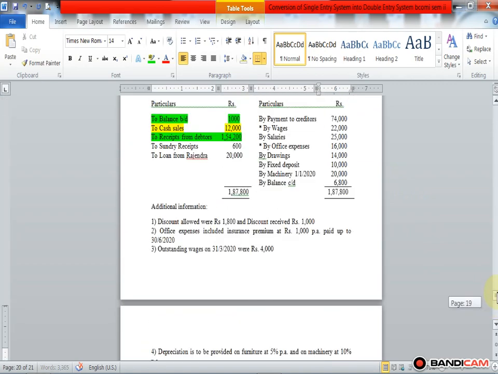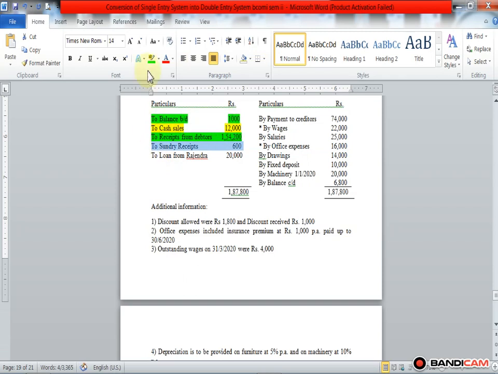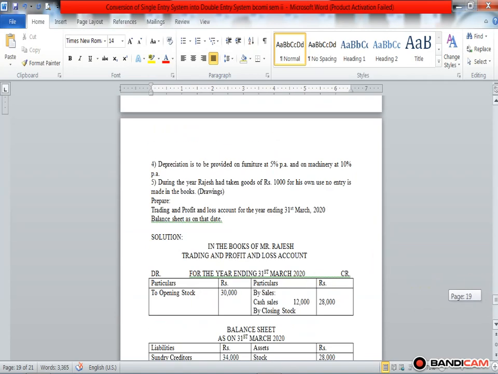Then sundry receipt is our income, and income is transferred to the credit side of the profit and loss account.